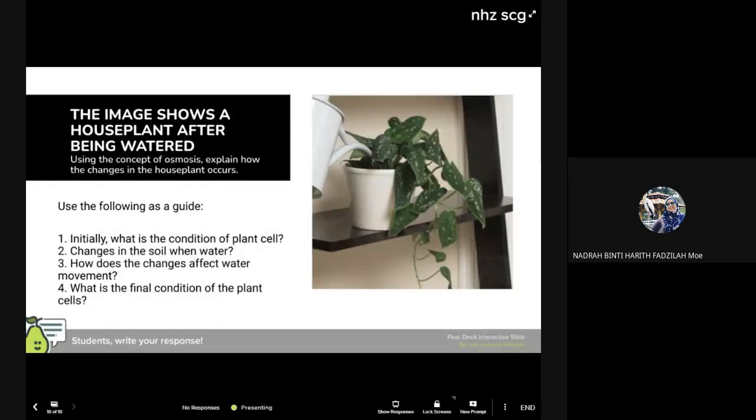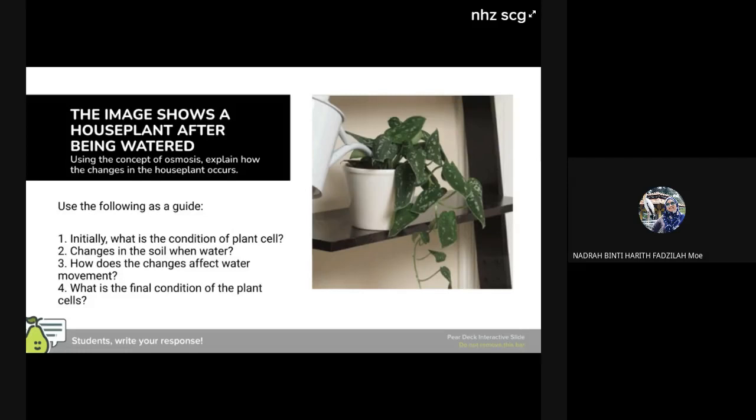Kejap. Sekejap ya. Gambar dia tidak bergerak. So, let me see what I can do. Sekejap. I show you the moving slide. Okay, bila moving slide ni baru kita faham konteks.